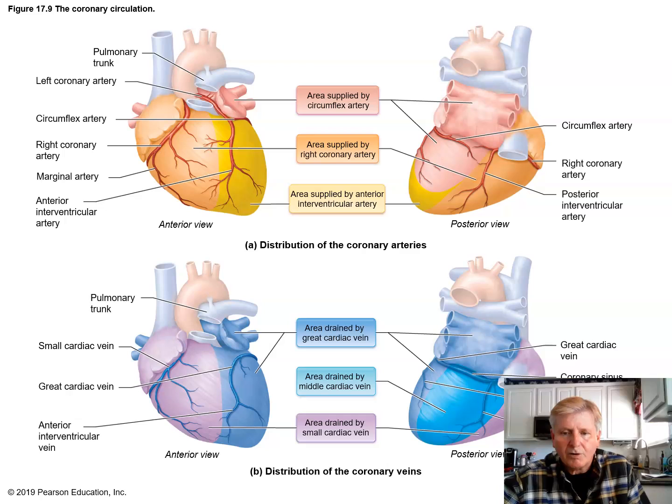The middle cardiac vein on the posterior side of the heart is this area in the kind of royal blue, okay? And then the middle cardiac vein is all this bright blue. And then the purple area is on the posterior side, okay, which is part of the right ventricle and right atrium, okay.